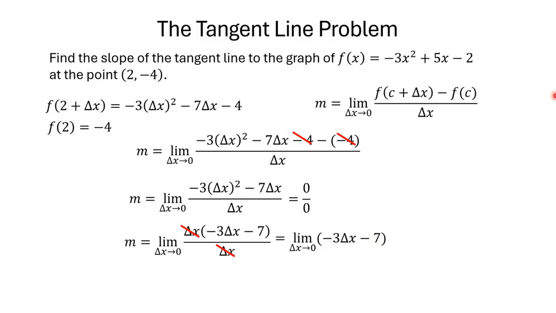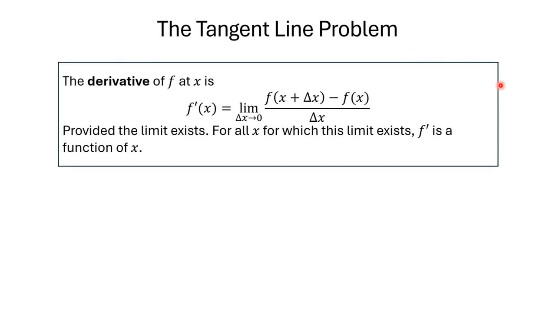So I find that the slope of the tangent line at the point (2, negative 4) is equal to negative 7. This is the definition of the slope of a tangent line. If we replace the c in the definition with the variable x, we get a definition for something called the derivative of the function f at the point x.